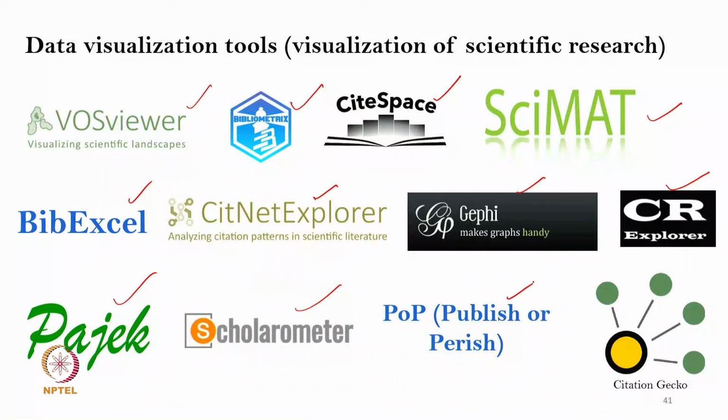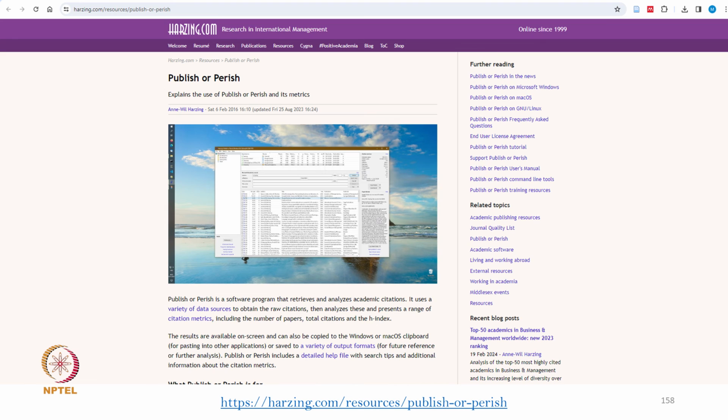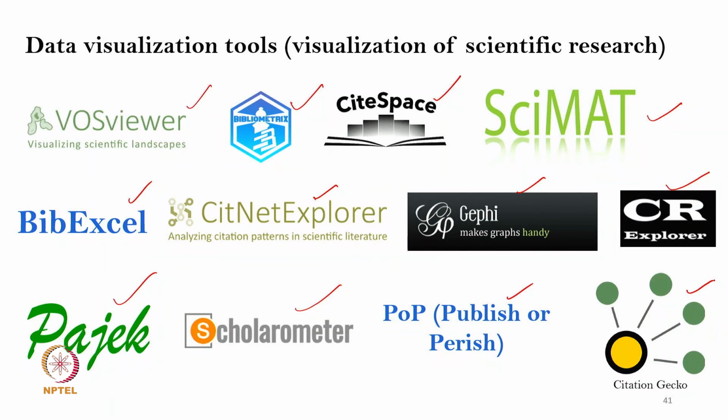Another platform is Publish or Perish, a software program that retrieves and analyzes academic citations. It uses a variety of data sources to obtain the raw citations, then analyzes the data and presents a range of citation metrics, including number of papers, total citations, and also the h-index.